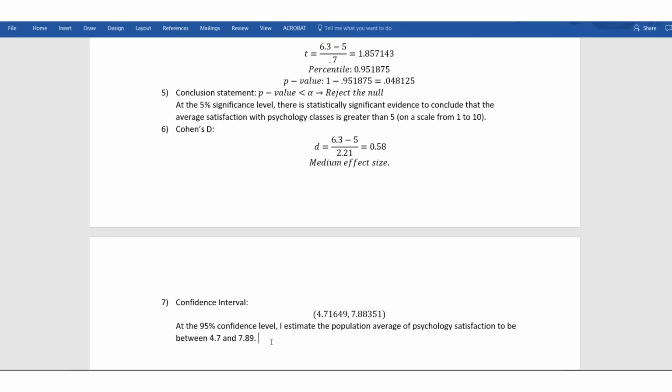And so at the 95% confidence level, I estimate the population average of psychology satisfaction to be between 4.7 and 7.89. Now you might ask, oh, well, we had a significant hypothesis test at the 0.05 level, but our confidence interval includes 5, which was from our null. Well, the difference is the confidence interval is kind of two-tailed, but we had a one-tailed test.